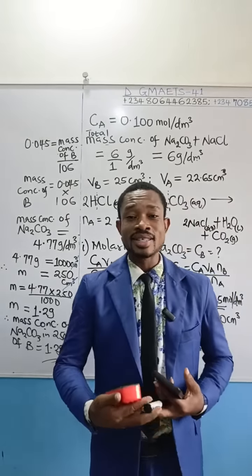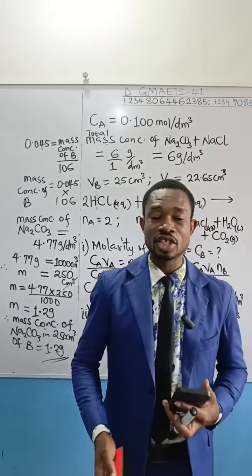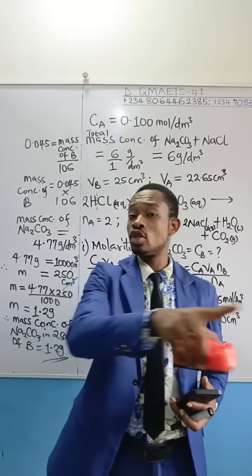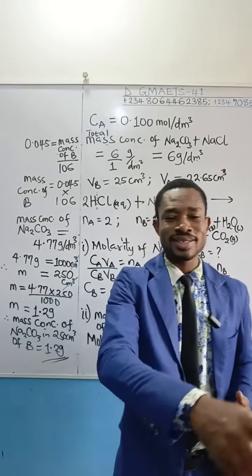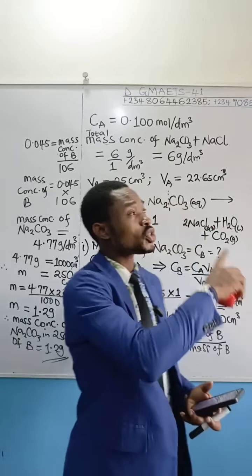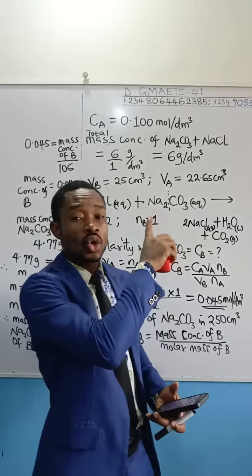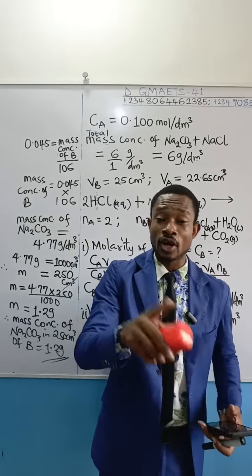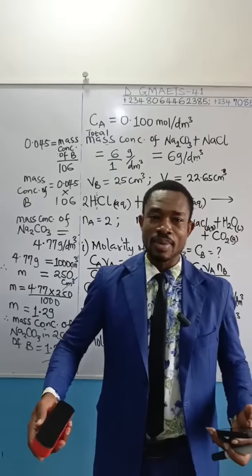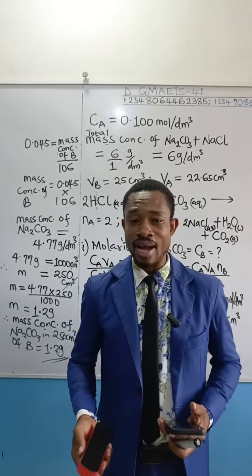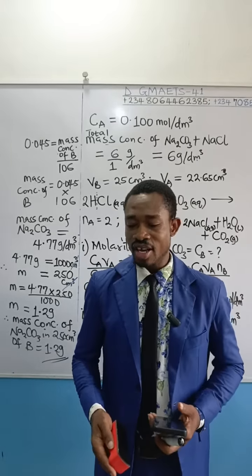This is the same as calculating the percentage purity of sodium chloride. It could be the percentage impurity of sodium chloride, as the case might be, because what made this solution of the base impure is that sodium chloride. So we can talk about calculating the percentage by mass of sodium chloride as that of the impure substance.